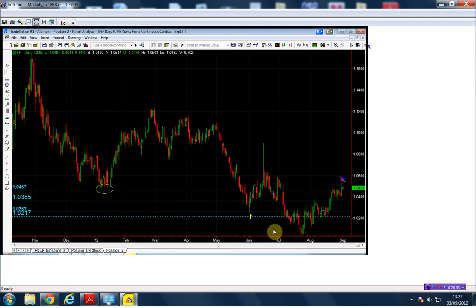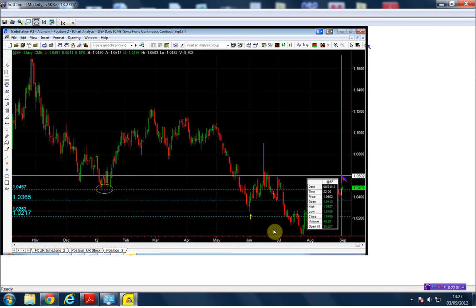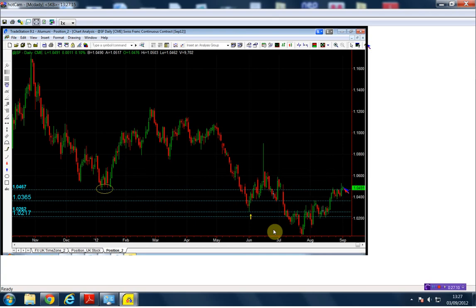And on Friday we had a nice push higher, taking us all the way up to the 105.27, which again slowed down a little bit because of the holidays, but right now we are at 104.91.